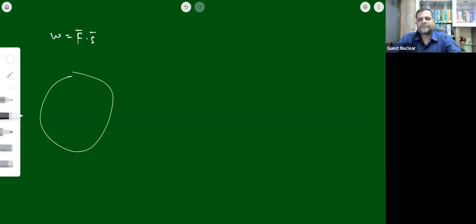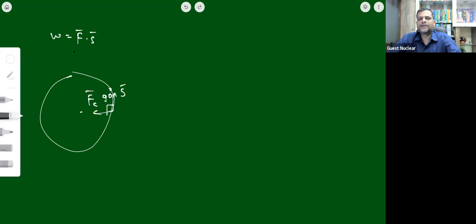So whenever the particle performs a circular motion, the force is going to be the centripetal force, which is Fc here, and the displacement is going to be along the tangent, right? So centripetal force is the radial one, and the displacement is along the tangent. So there is an angle of 90 degree here, and since the angle of 90 degree is there, the dot product of these two vectors will be 0, and hence you can say that the work done is also 0.